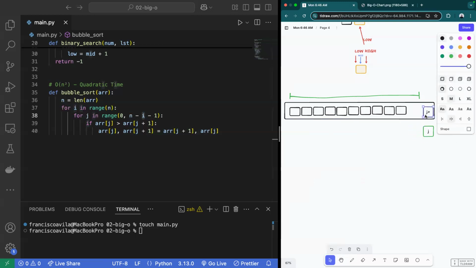So if it's not sorted, it will switch them.